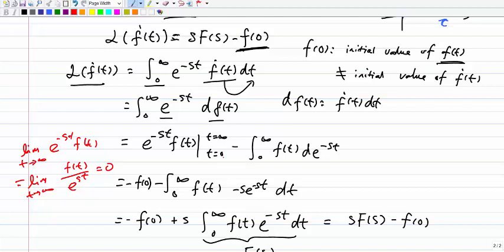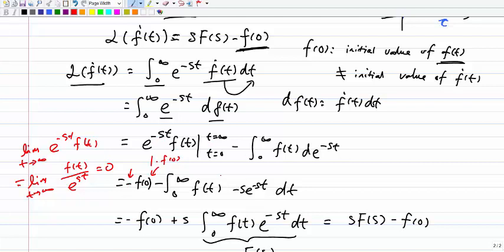When t is 0, we replace t by 0, so e^(-s times 0) is e^0, which gives 1, so 1 times f(0). Don't forget there's a minus sign, because this is the limit as t goes to infinity of e^(-st) f(t) minus e^(-s times 0) times f(0), so they have the negative sign over here.